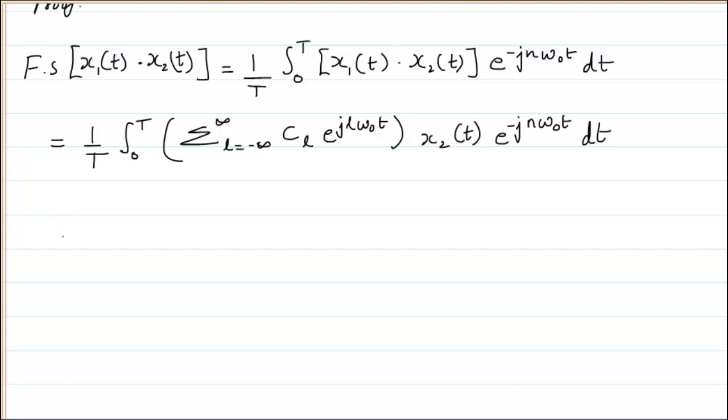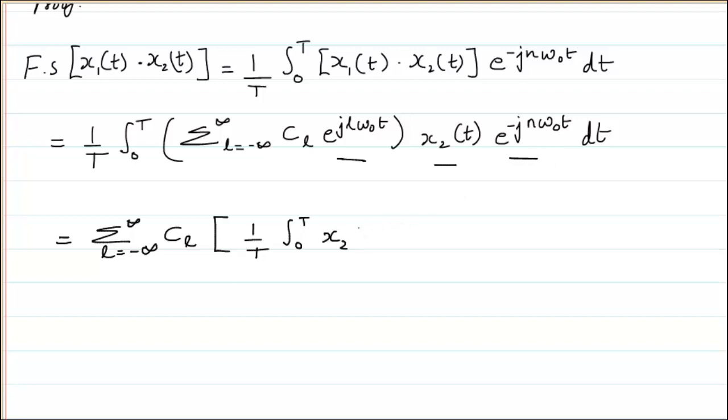I will write it as summation L equals minus infinity to infinity and then the CL, but the rest of the things I will leave inside, and I am going to write 1 by T integral 0 to T, and what remains is this x2, and then dt, correct?